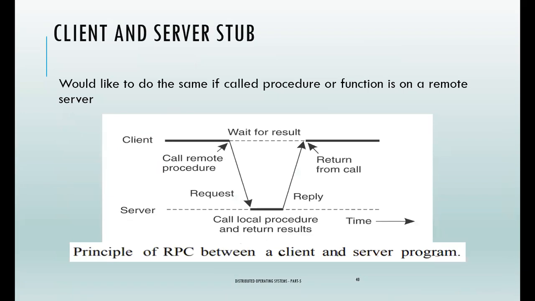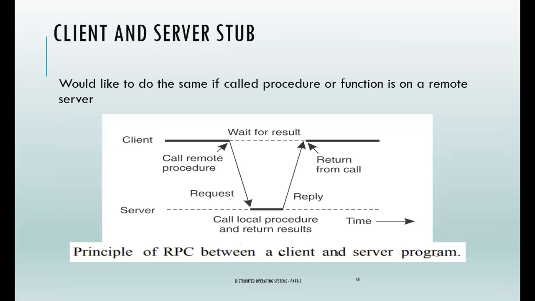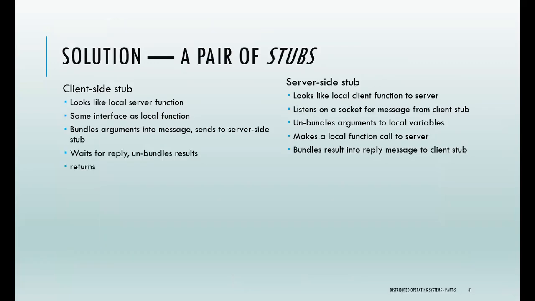Client and server stubs. The principle of remote procedure call between a client and a server program is shown in the diagram. The function of the client stub is to take its parameters, pack them into a message, and send it to the server stub. While this is very straightforward, a pair of stubs is used. The client-side stub looks like a local server function.